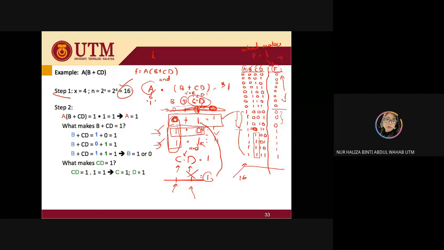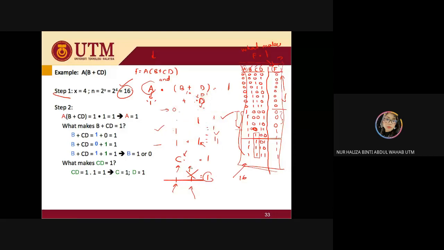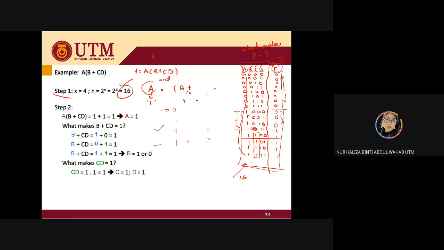Directly, you can draw your truth table. If you do it manually, how are you going to do it? You need to draw one by one. Let's say you have this A, B, C, D. You're going to have C dot D. After this, you have B plus CD.